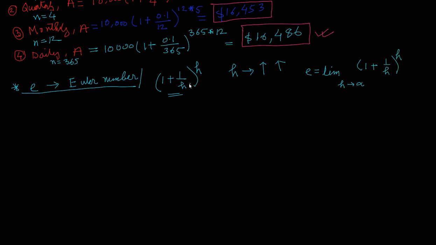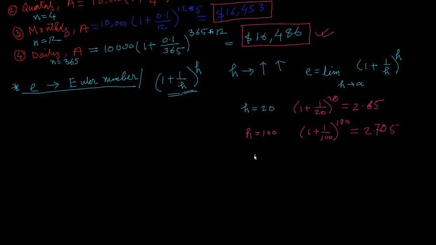Okay, so let's do a little math. If h is equal to 20, let's evaluate this expression: 1 plus 1 over h, which is 20, to the power 20, and I found that number to be 2.65. If h is 100, what will be the value? 1 plus 1 over 100, to the power 100, which will be equal to 2.705.